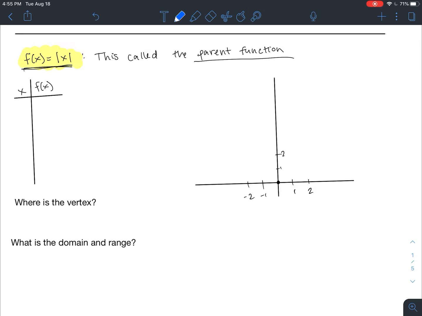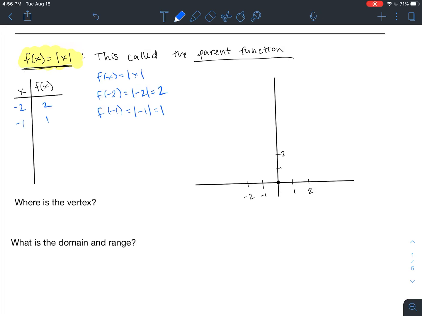So let's try negative 2. Our function is f of x is equal to the absolute value of x, and we're going to try the input of negative 2. That's the absolute value of negative 2. Well, we said up there that this is just equal to 2. Now, let's try f of negative 1. It's equal to the absolute value of negative 1, and that's equal to 1.